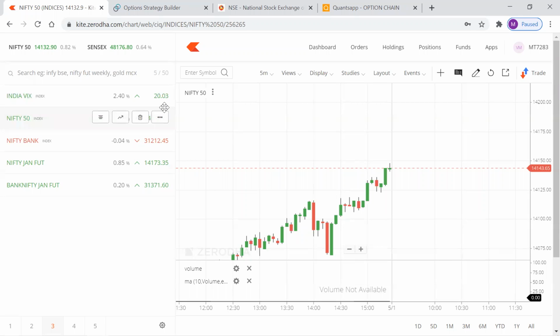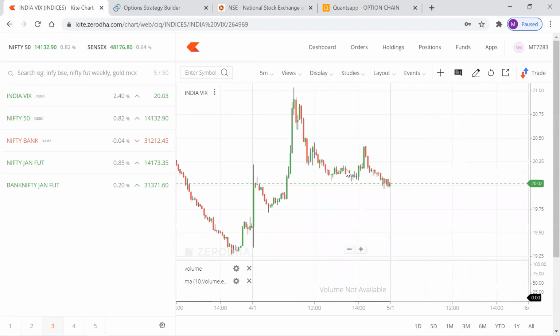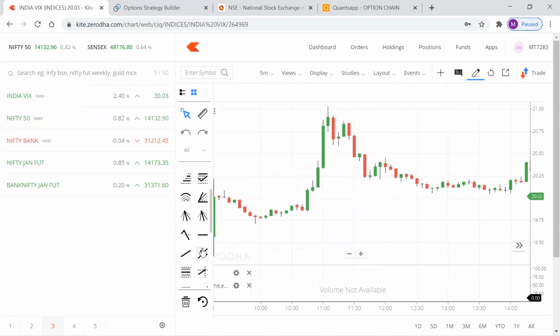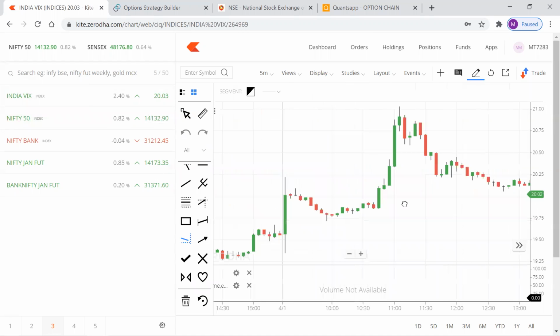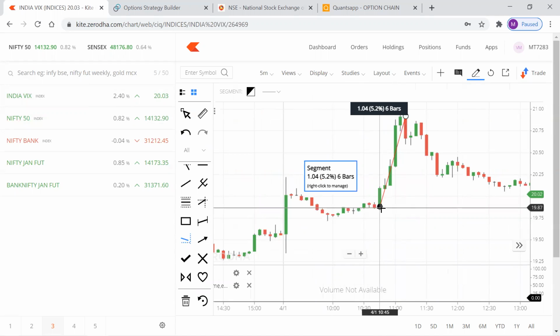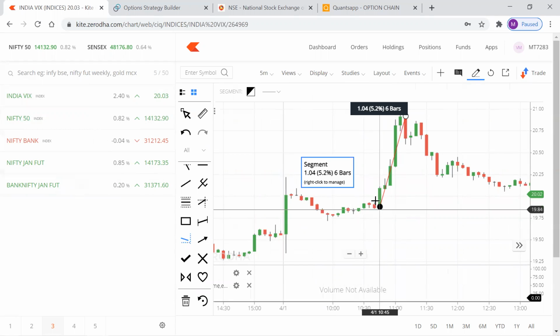Look at the value of VIX. It's 20.03. See, there is a rise in VIX from 10:45. Let's look at Bank Nifty. What happened around 10:45?